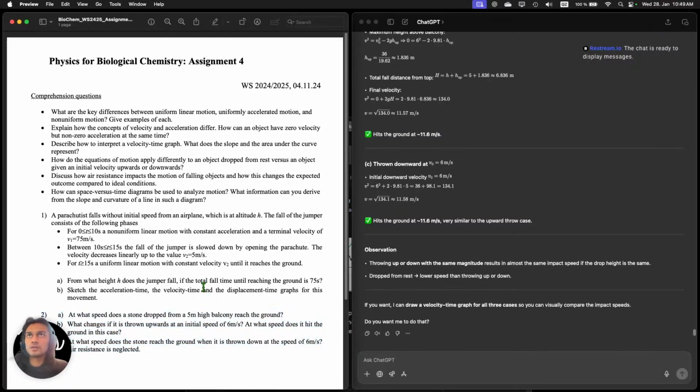So we're starting with the parachute. That's what I remember from yesterday.